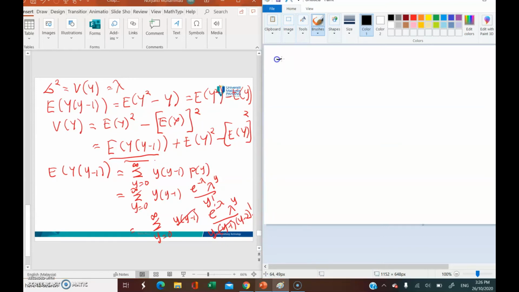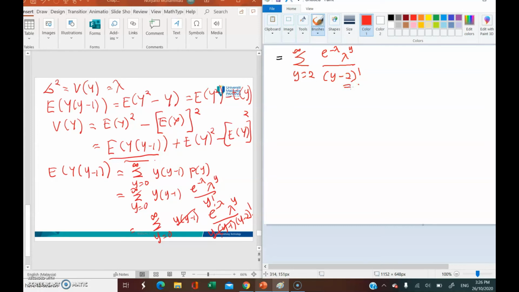When you cancel it out, you will get summation y until infinity, e negative lambda, lambda power y over y minus 2 factorial. So here your y starts with 2.